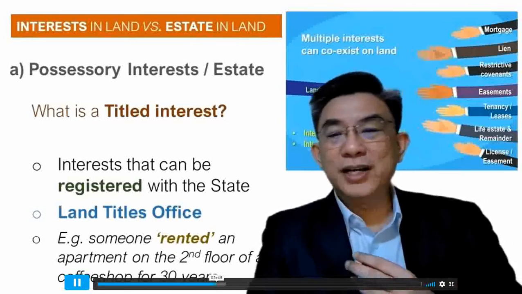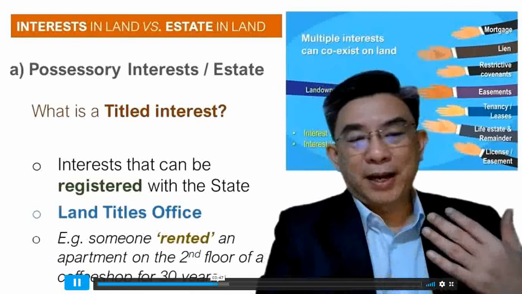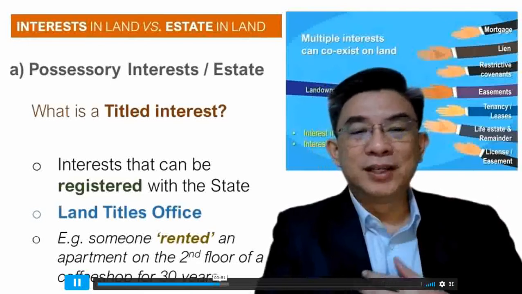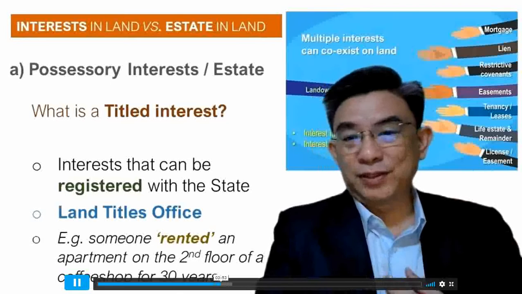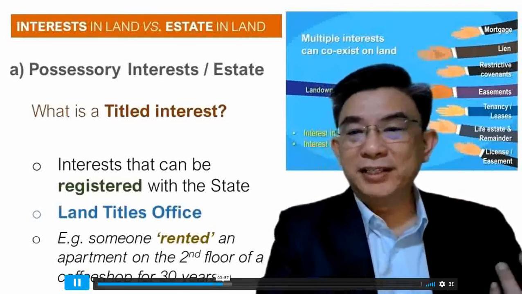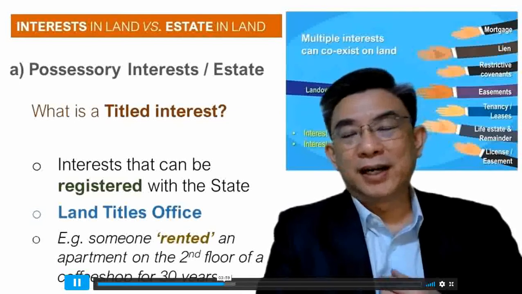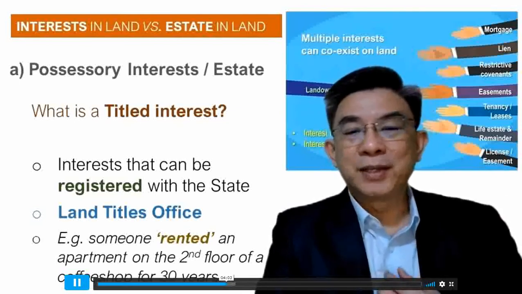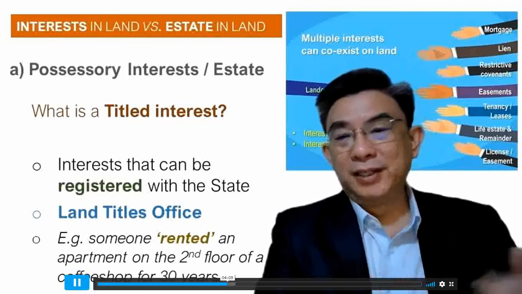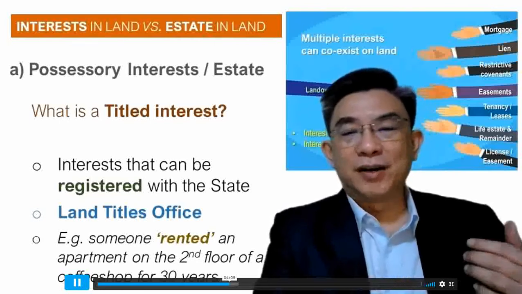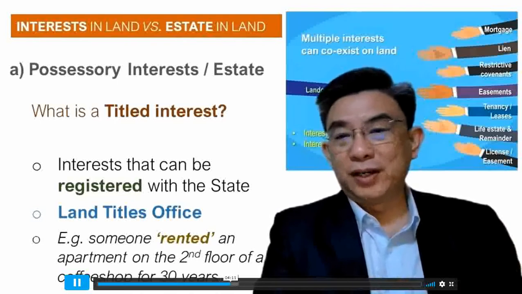Now, in the old days, you would have people who rent the upstairs apartment above a coffee shop, for example. We're talking about the 1950s, 1960s. After that, because we start to have HDB flats, more people then get a flat instead of renting from a property owner.